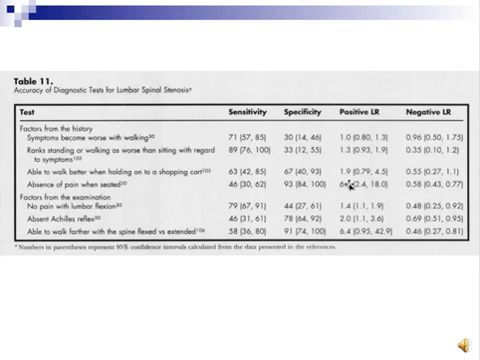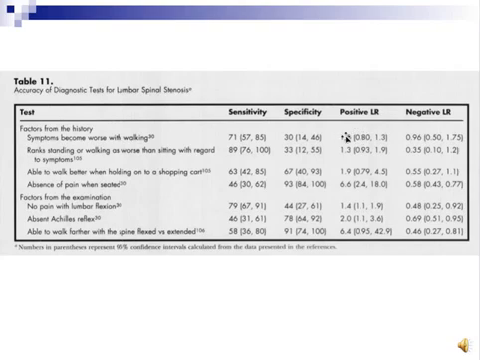So that brings up the idea of how we interpret a negative and positive likelihood ratio. Let's go back up to the first one, symptoms become worse with walking. We can see the sensitivity and specificity are moderate, so we're expecting the likelihood ratios to also be moderate because they're derived from those values. A positive and negative likelihood ratio that are not significant are going to be close to 1, and their confidence intervals, which we see here, are going to include 1.